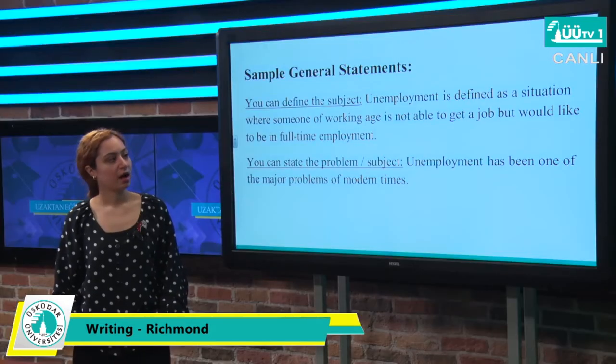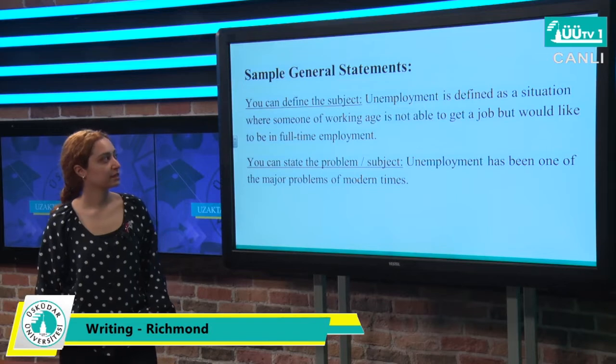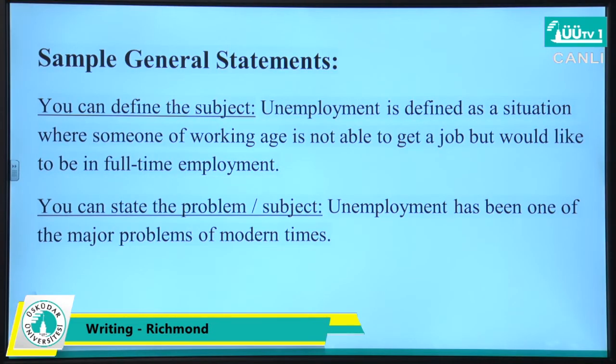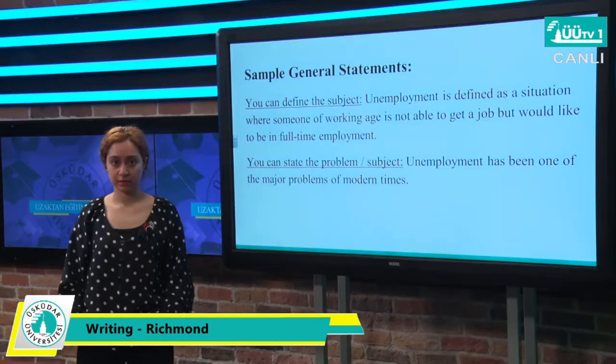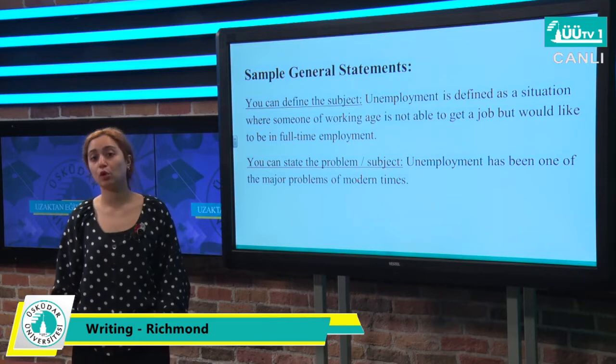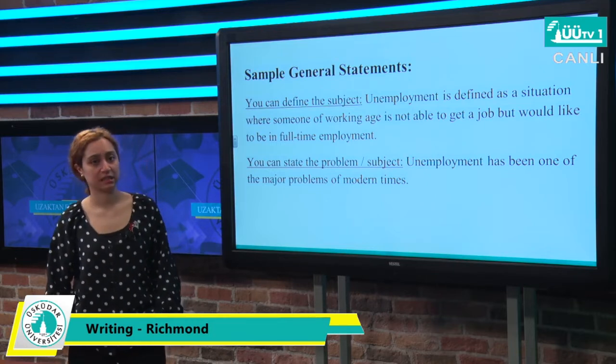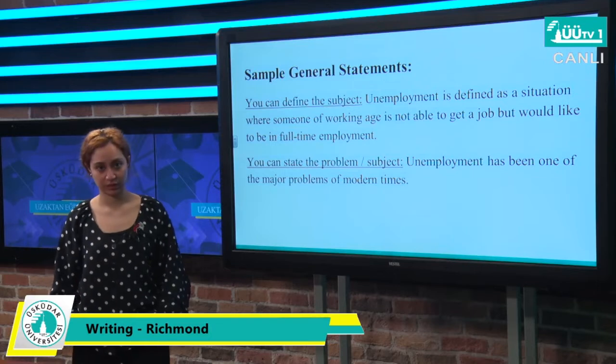We can say unemployment is defined as a situation where someone of working age is not able to get a job but would like to be in full-time employment. So in this sentence, we actually defined what unemployment is. This is the first way of writing a general statement.